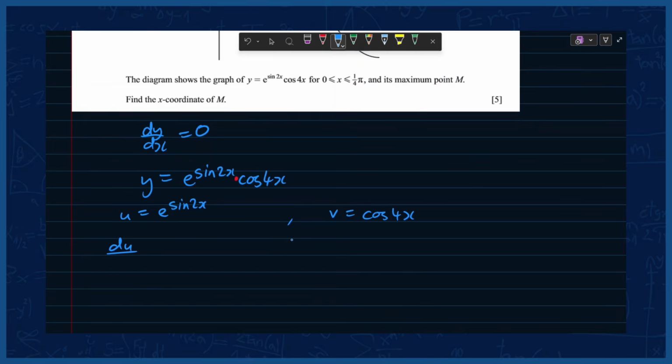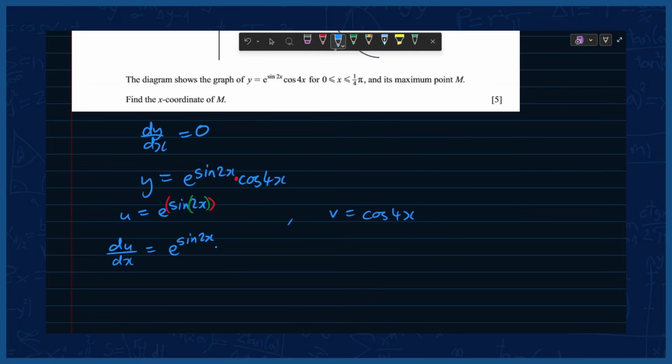So du dx is equal to, so here be careful because we've got quite a few functions that all need to be differentiated. So you start from outside and you move inwards. So the outside function, that's the exponential. If you differentiate an exponential function, you just get the exponential. So we still have e to the sine 2x.